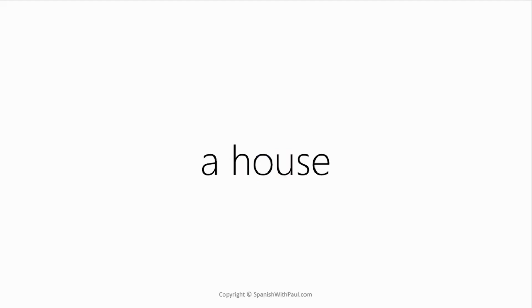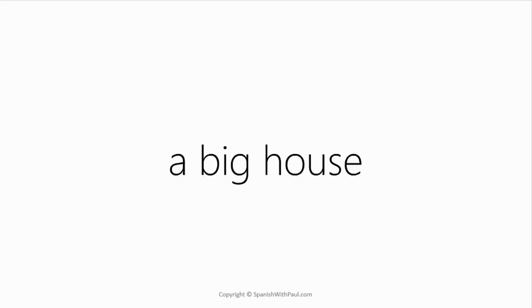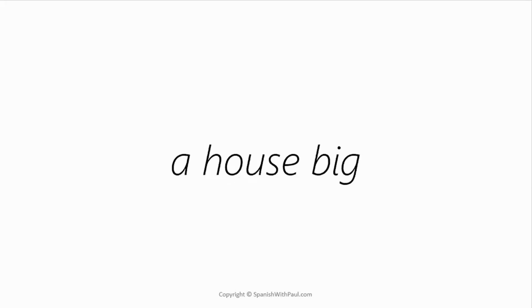Now, to express a house, it would be una casa. And the word for big is grande. In English, the word order would be a big house. But in Spanish, this gets reversed. What you would literally say is a house big.